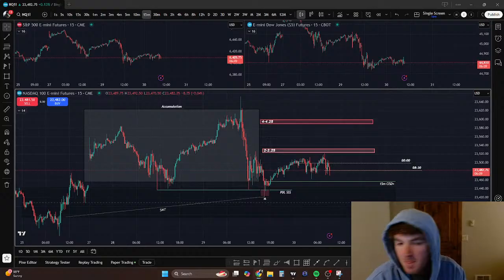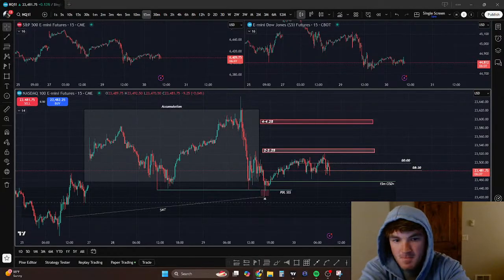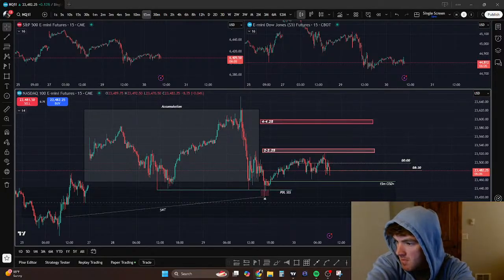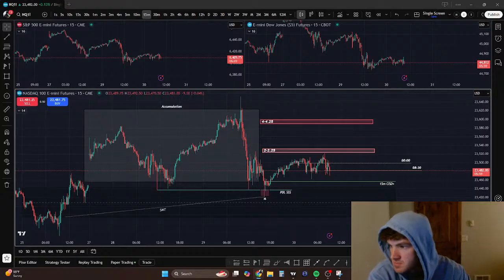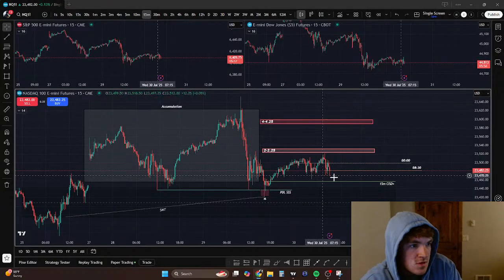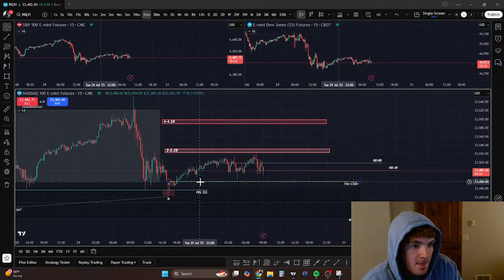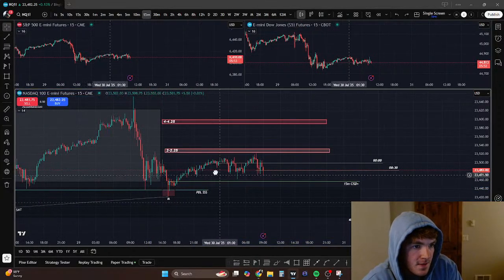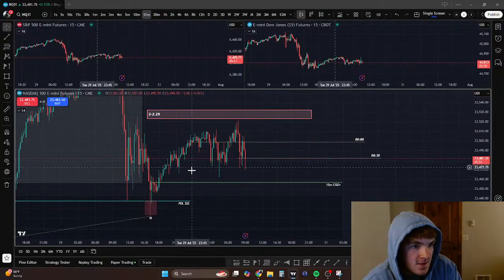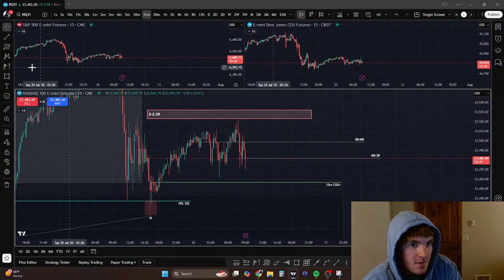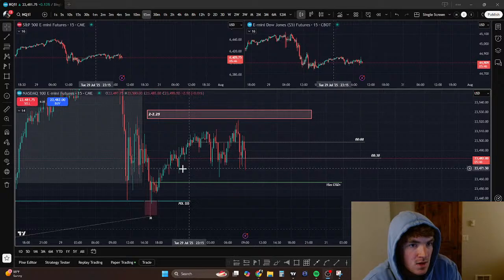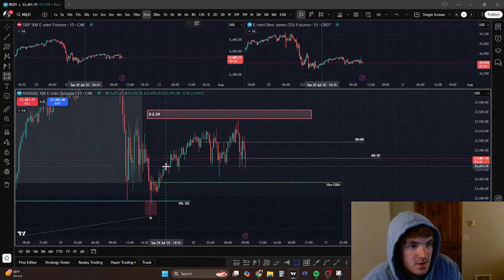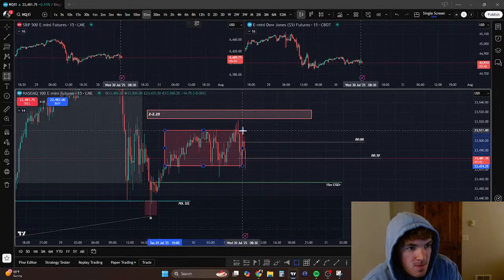So maybe, dropping down to a lower time frame, this is obviously accumulation. Obviously. So I kind of want to see which way we're going to manipulate.